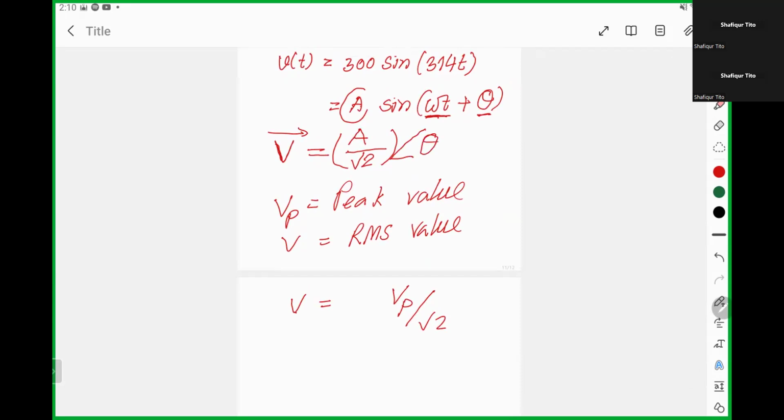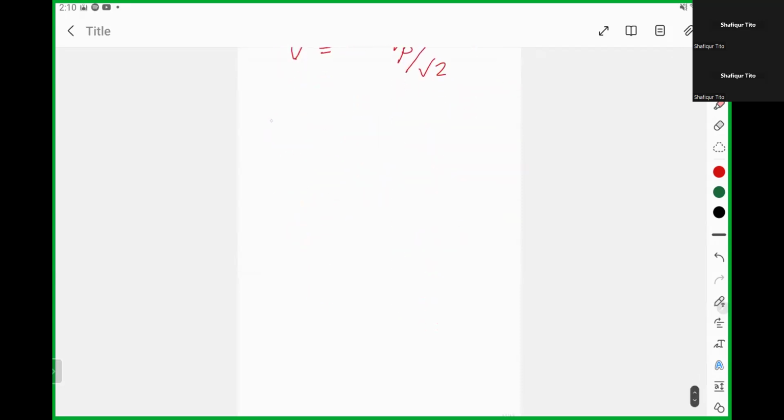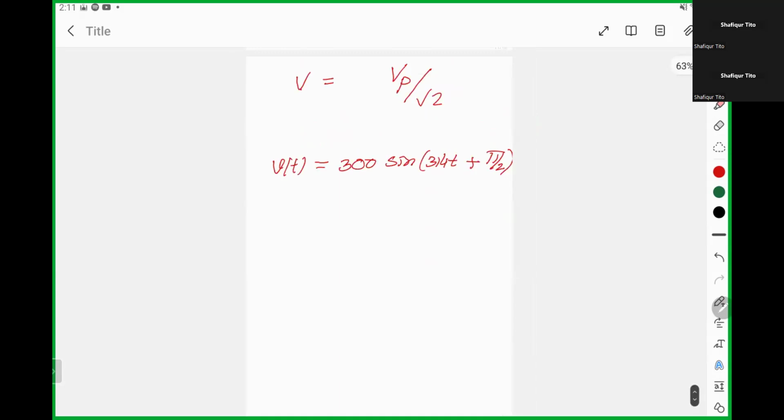Now the same signal that we represented before: Vt was 300 sine of 314t plus pi by 2, or 90 degrees. That was the signal.